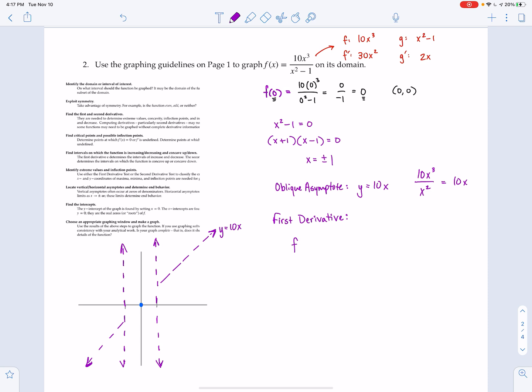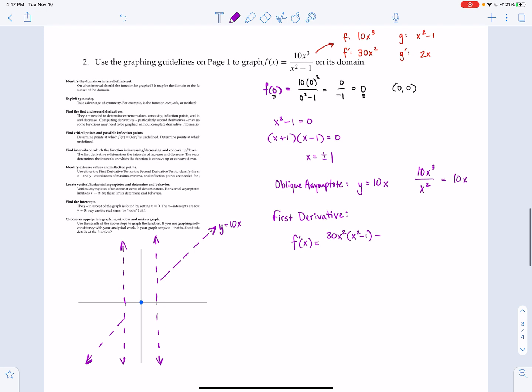So f prime of x is equal to the derivative of the numerator times the denominator. That is 30x squared times x squared minus 1, minus the derivative of the denominator times the numerator, which would be 2x times 10x to the third, all over that denominator squared.